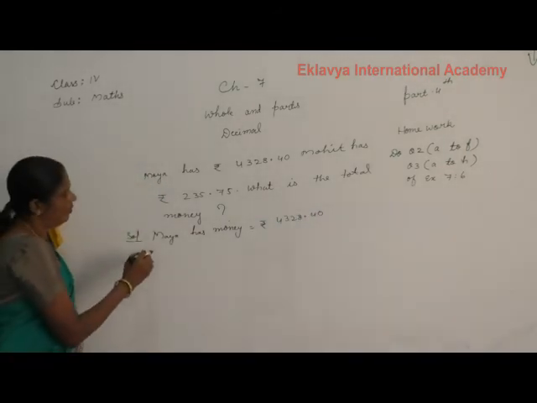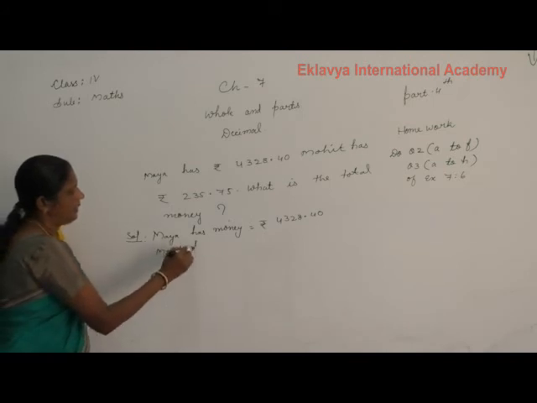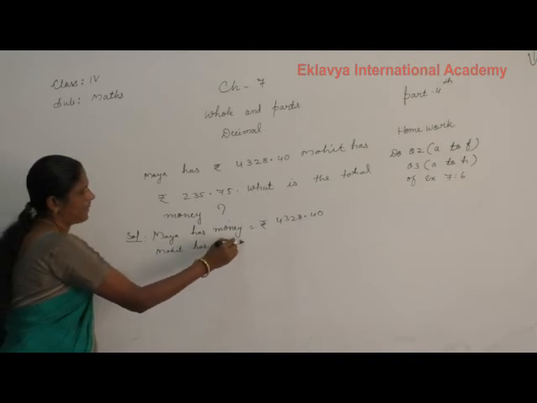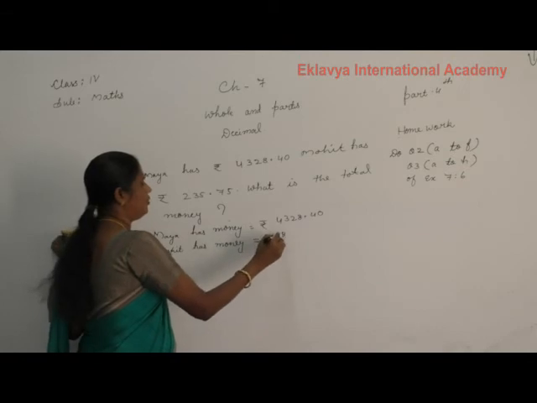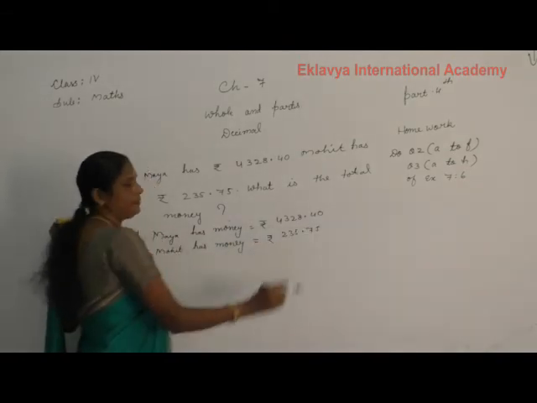Then Mohit has money equal to rupees 235.75.